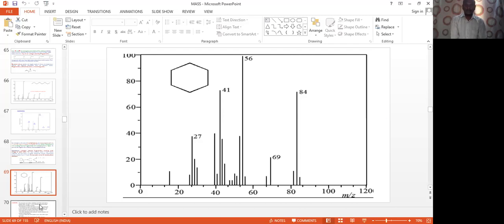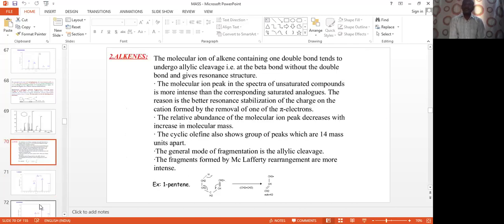Next, alkenes. Here the molecular ion peak will be an intense peak, because you have the double bonds in them, and alkenes can be resonance stabilized. In alkenes, generally they try to undergo allylic cleavage, and sometimes you will have the McLafferty rearrangement also.